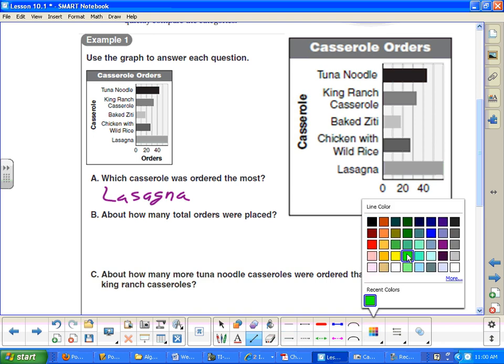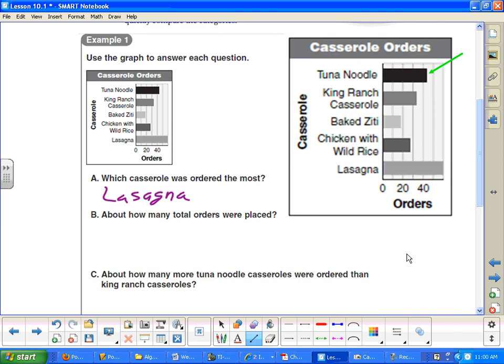All right, so we've got tuna noodle casserole. They're going by tens, right? So we have to be able to read the bottom here, which is going by tens. So they've got a little over 40, maybe about 45, right? Is that what it looks like? Okay. So we've got about 45 for tuna noodle.